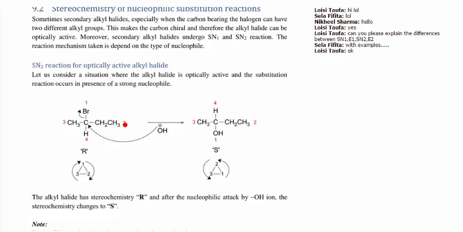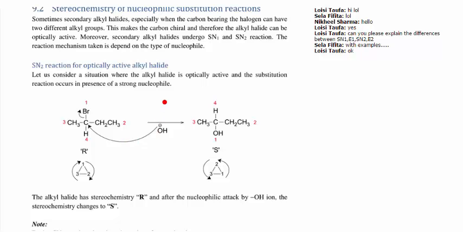Then the next one is the carbon attached to the next carbon, so the ethyl group will get number 2. Since methyl is more electronegative than hydrogen, that gets given 3, and then the hydrogen.